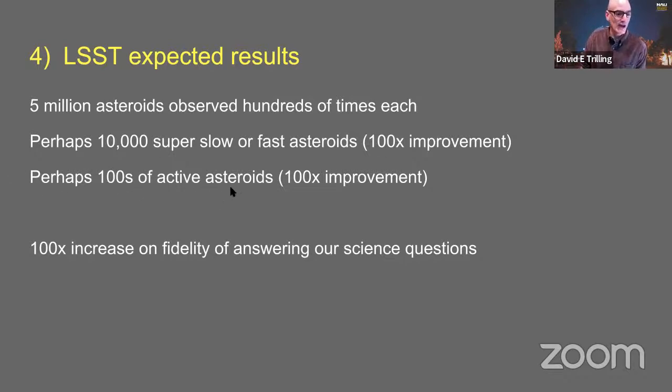And perhaps hundreds of active asteroids, which again would be a 100 times improvement over the current number of known active asteroids. And those increases of a factor of 100 give us maybe 100 times increase in the fidelity of answering our science questions.